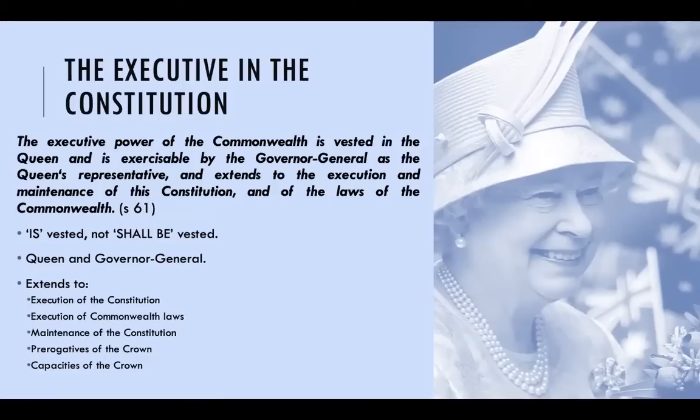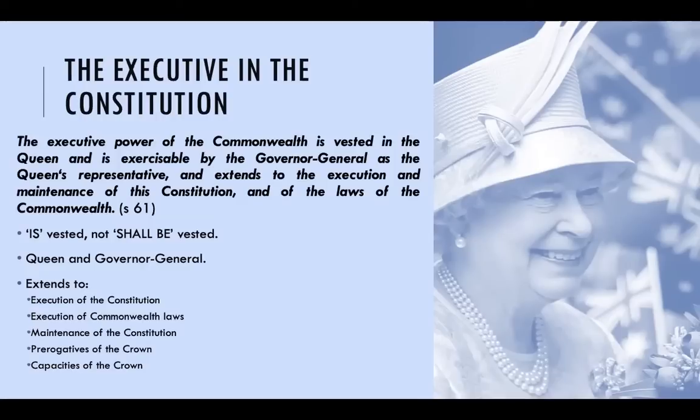It had been developing over the years as part of the common law. There were powers that already existed that went beyond the execution and the maintenance of the Constitution and the laws of the Commonwealth. If the executive power, pay attention to this, if the executive power was created instantly from the Australian Constitution without making any reference to the previous powers that the Queen already had, then it would be really hard to apply the privileges and immunities of the Crown that already existed even before the Constitution came into being.